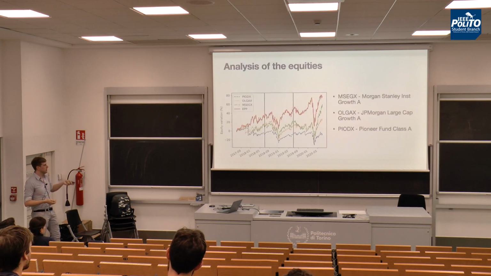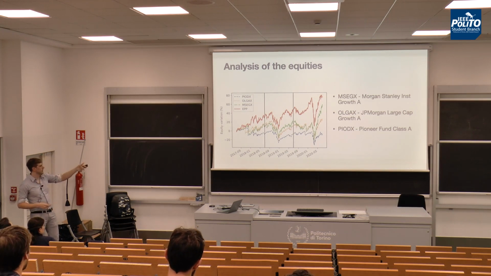We can see, just as an example of the results, there are a lot more results in the paper, if you want to look at them. Here I just compared the method with some real-world portfolios by JP Morgan, Pioneer or Morgan Stanley. So these are quite good portfolios, at least quite good providers.